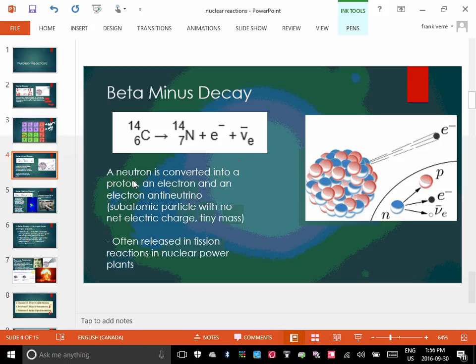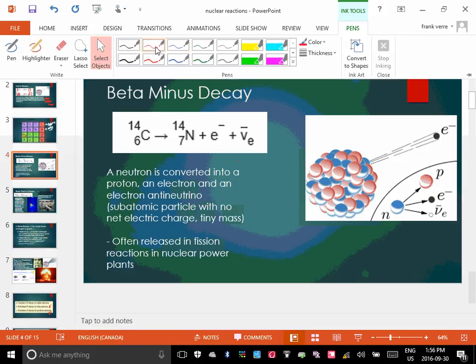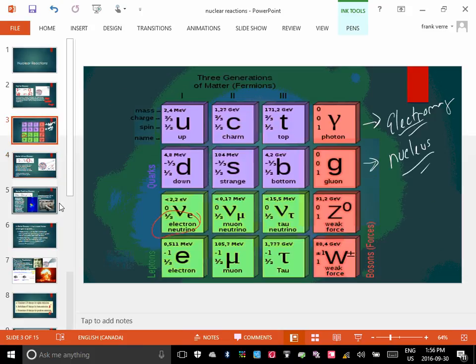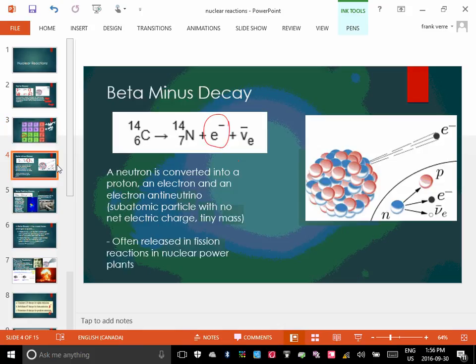In this process, what we're releasing is this thing called an electron, and that's actually a fundamental particle, which we can see right here. Here's your electron. And this other particle is called the electron antineutrino, which looks like this.